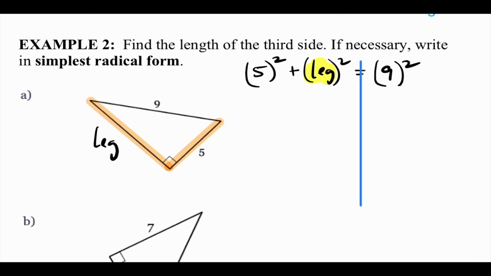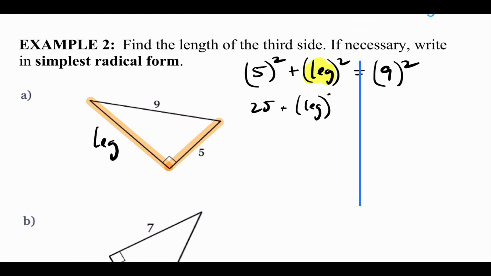What I can do is square them. 5 squared is 25. I don't know what the leg is, so I'm just going to write the word leg. 9 times 9 is 81. So I have to solve for leg.